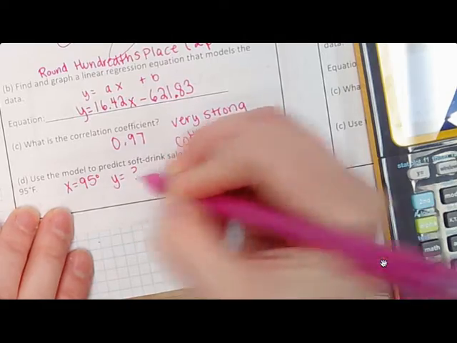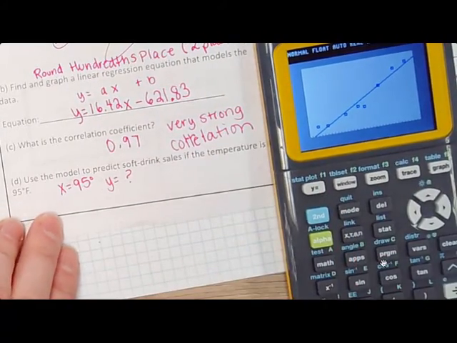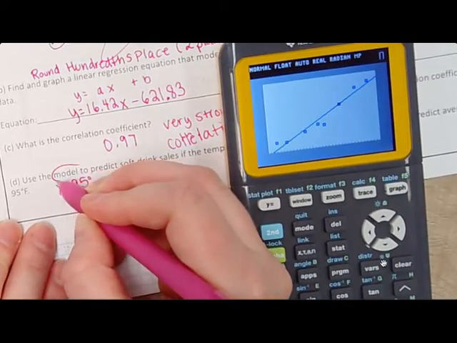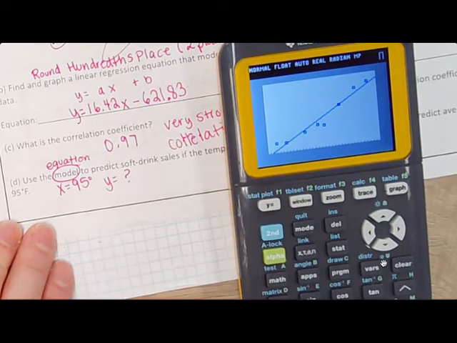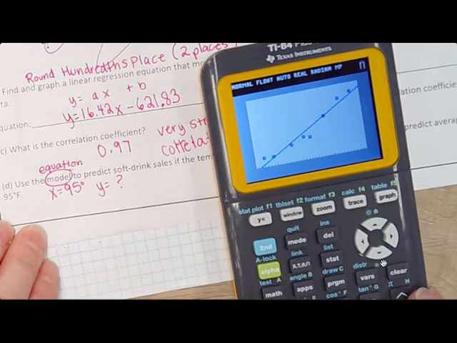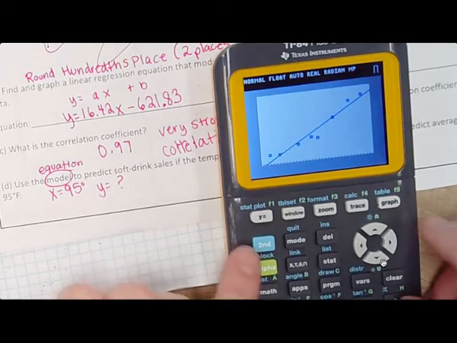I want to know what the soft drink sales are. So I'm using the model. Whenever I say model, that means the equation or the line.